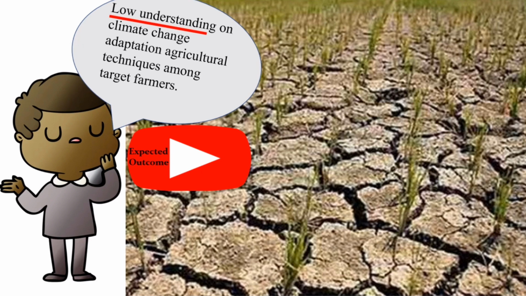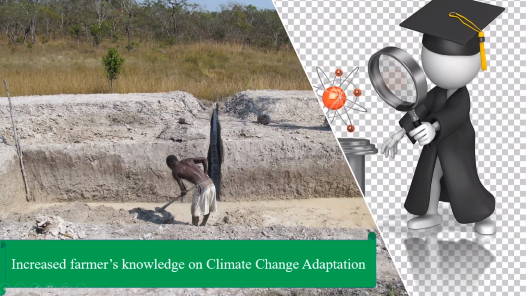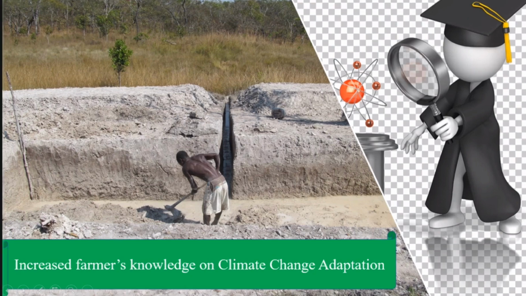They don't know what to do whenever there is climate change or drought happening in the community. So it is about their knowledge. Therefore, from this, we can generate expected outcomes, such as increased farmers' knowledge of climate change adaptation. This is one of the expected outcomes that the project can generate based on the context that we have.